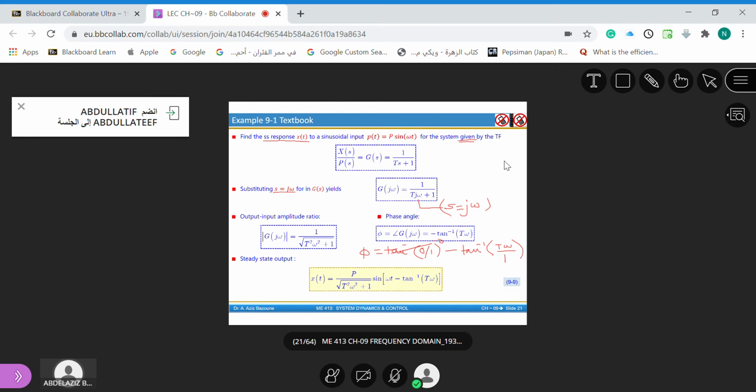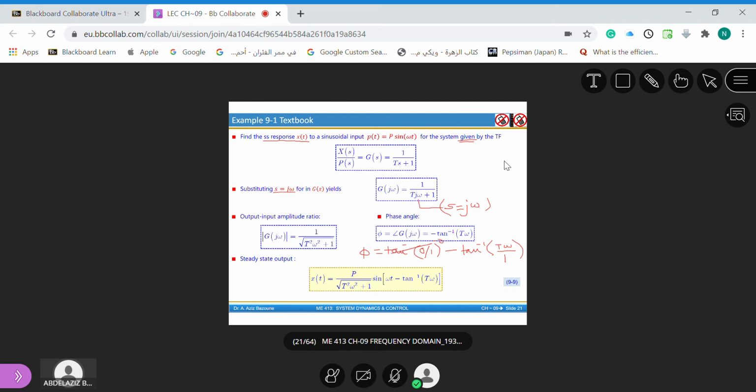So we end up having phi equal to minus tan⁻¹ of Tω.